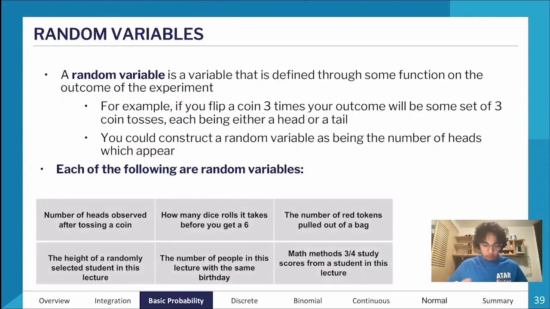Here are just a couple examples of some random variables. So hopefully that sort of makes sense. I would recommend throwing these definitions on your bound reference, just in case you have a mind blank in the exam, but I would really want you guys to memorize this sort of stuff.